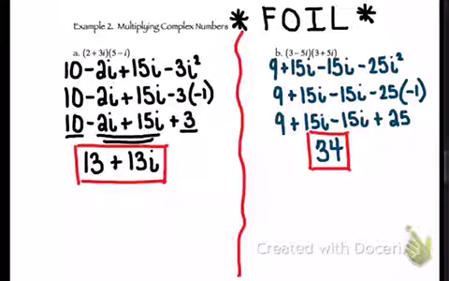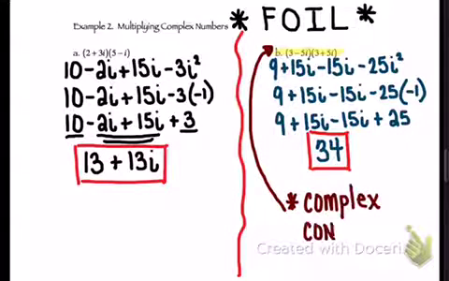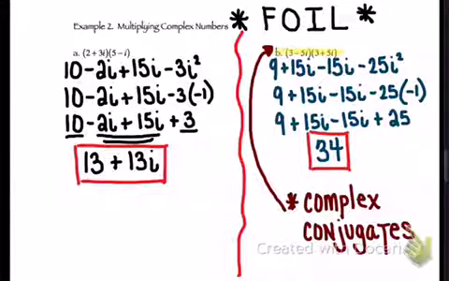Something that's going to be important with these, take a look. If you look at the problem again, you have 3 plus 5i and 3 minus 5i. It's going to be important that you know that they are called complex conjugates of each other. Complex conjugates are separated simply by one being an addition sign and one being a subtraction sign. Something I think you should put in your notes: notice what happens with complex conjugates.